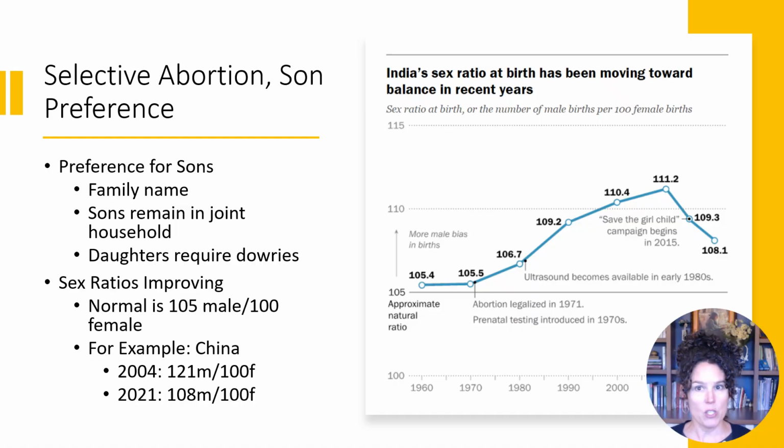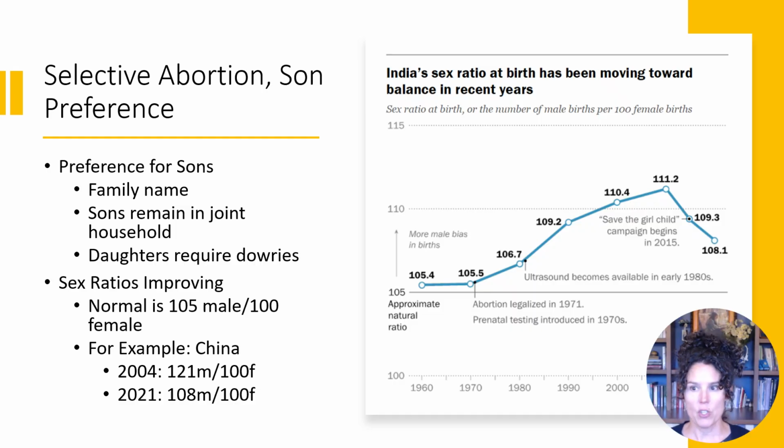Currently, sex ratios are improving after kind of a problematic time. The normal sex ratio is 105 males or boys born for each 100 girls. And this is due to the greater genetic vulnerability of boys that we talked about, X-linked inheritance. So let's look at a couple of examples.